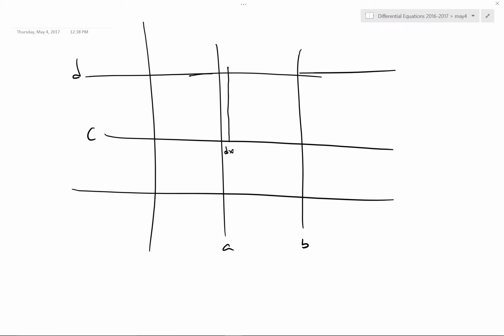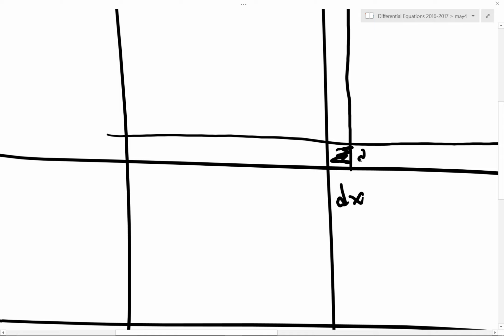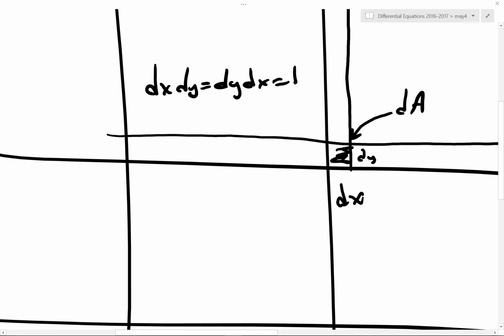You cut it this way, and you see dy's. And this little piece right here, if you zoom in on it, is the area. And so dx dy, which of course is the same as dy dx, why? It's multiplication, and multiplication is commutative.